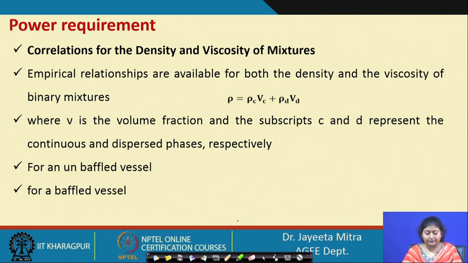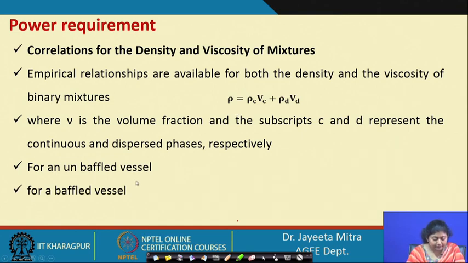So, the continuous phase density and volume fraction plus the dispersed phase density multiplied with its volume fraction. Volume fraction of both cases multiplied with the respective density of the continuous phase and dispersed phase will give the total density of the mixture.